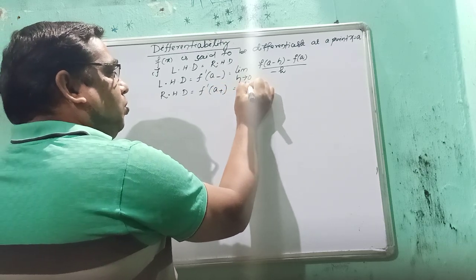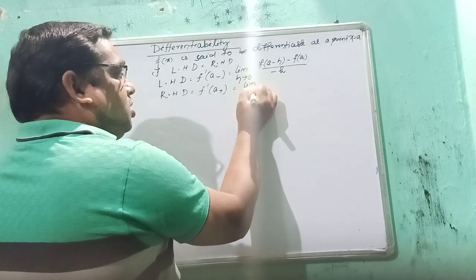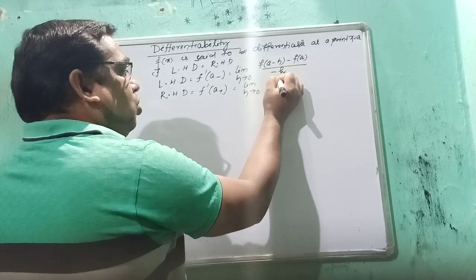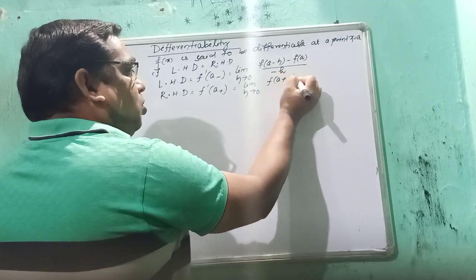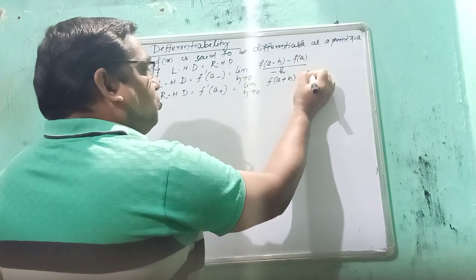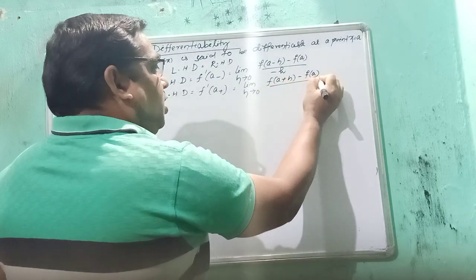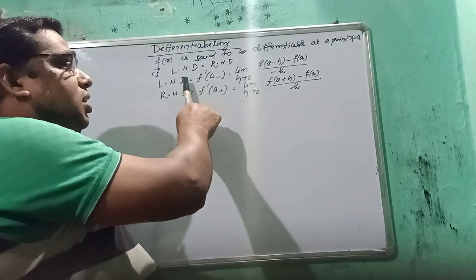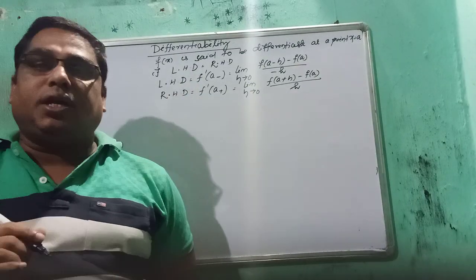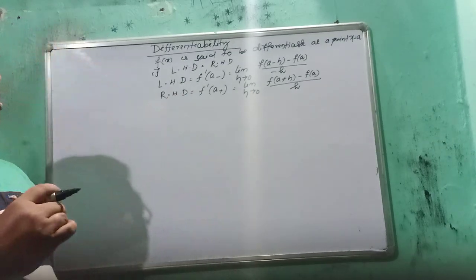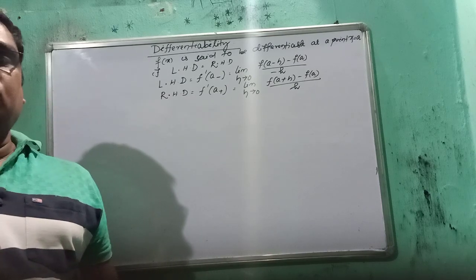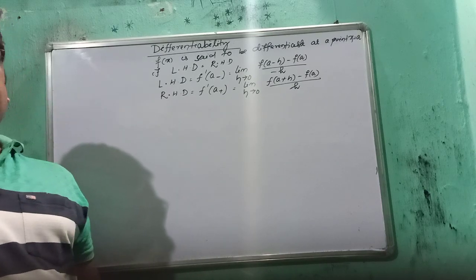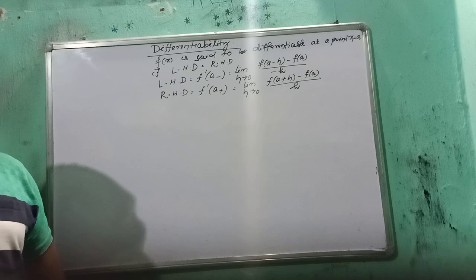Its value is limit h tends to 0, f(a plus h) minus f(a), divided by plus h. Then if the left hand derivative is equal to the right hand derivative, the function f(x) is said to be differentiable at the point x equal to a.